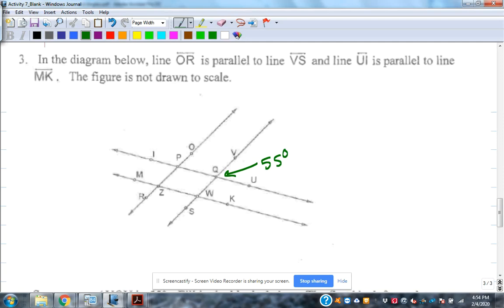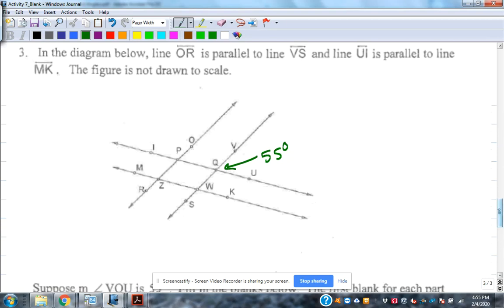The first blank for each part should be filled in with one of these: supplementary, complementary, corresponding, opposite interior, opposite exterior. So supplementary, complementary, corresponding, opposite interior, opposite exterior. 5 choices for the first blank, and the second blank will be the measure of the appropriate angle.